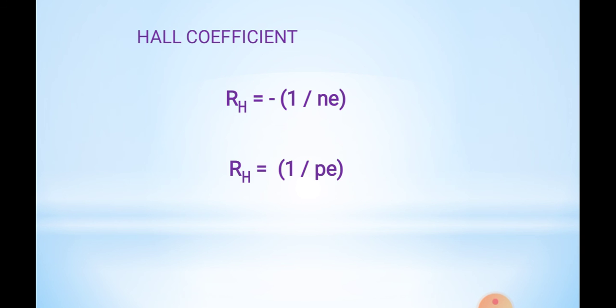Just like that, if you are using a P-type semiconductor, then the Hall coefficient RH can be written as +1/Pe, with a plus sign because it is a P-type semiconductor. Here P is the carrier concentration, that is the number of holes in a P-type semiconductor, and e is the charge of the electron.